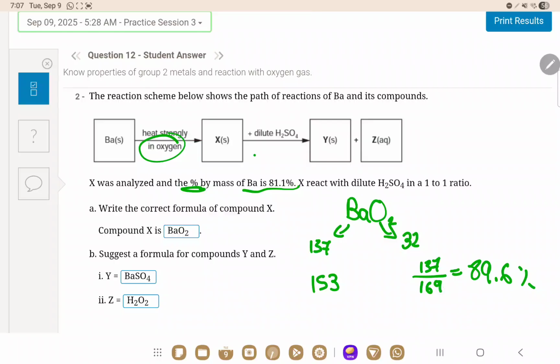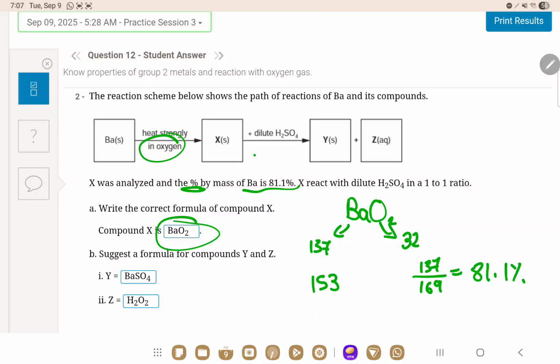Now when you do it on your calculator, this is going to equal 81.1%. So we know that it is BaO2. So that's why compound X is BaO2.